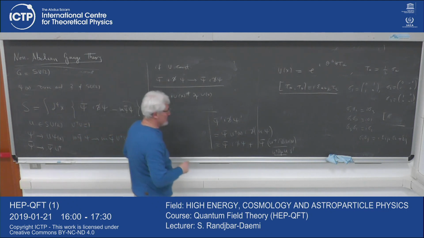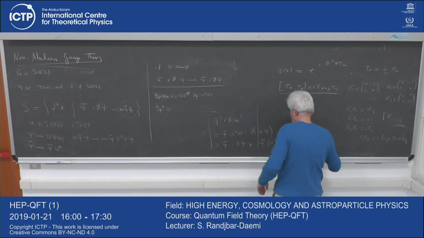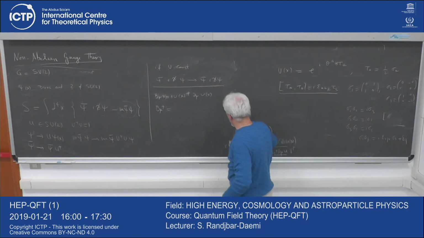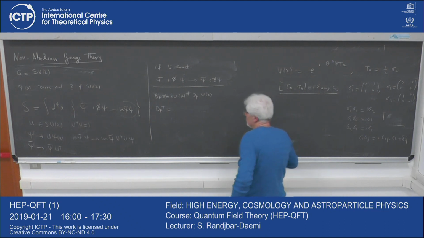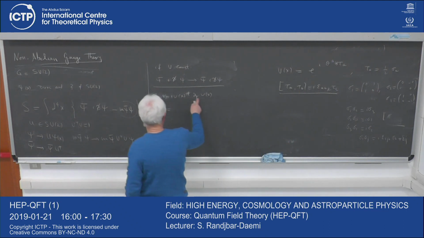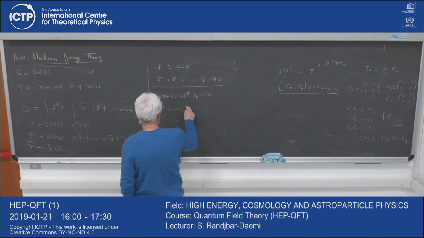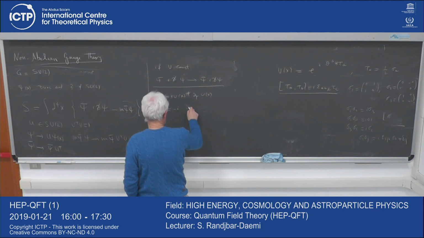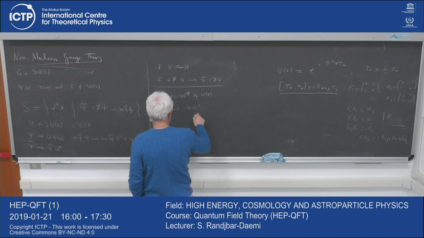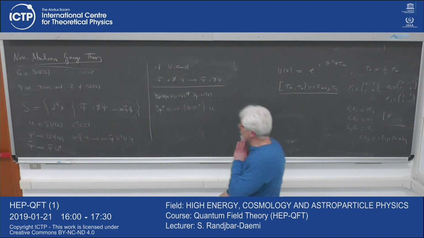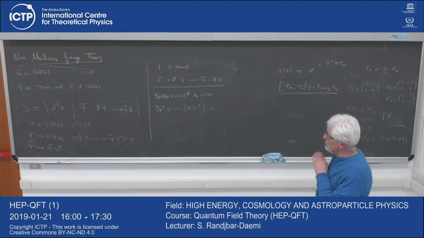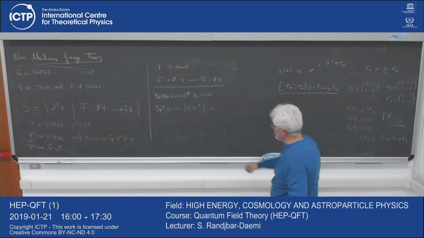First of all, if you take the dagger, you see that taking the dagger gives minus i d mu U dagger times U, but U dagger U is 1.